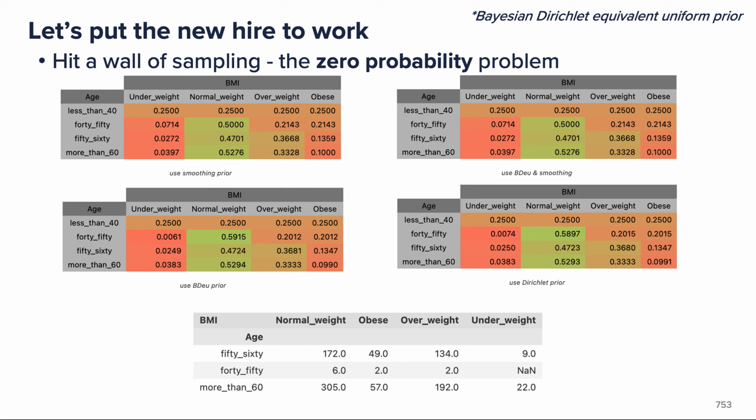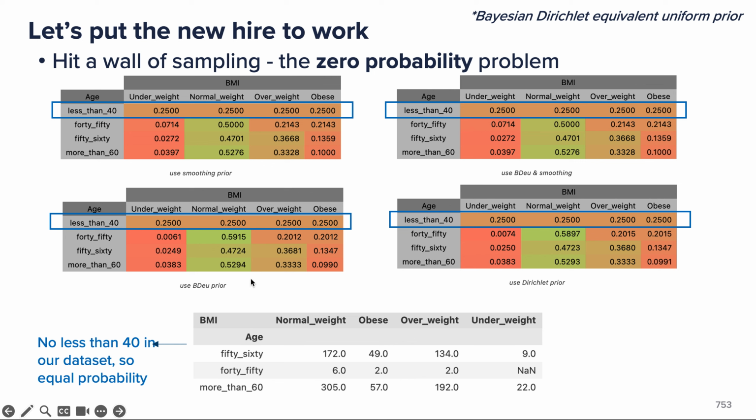This is the frequency table, our actual data set, and we can use different approaches to manipulate a prior. In the software package that I use, you can use a smoothing prior, or something called the BDeu prior, or something called the Dirichlet prior. To judge how much bias is introduced by each of these procedures, you look at cases where, for example, here we don't have any cases less than 40 years old.